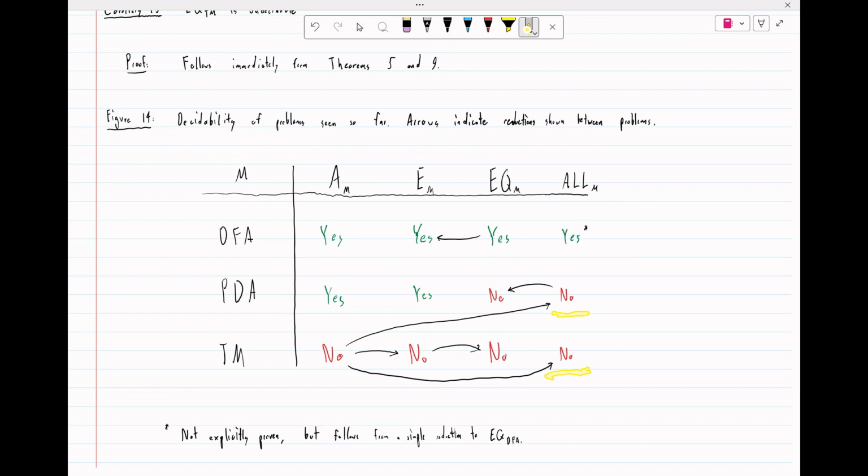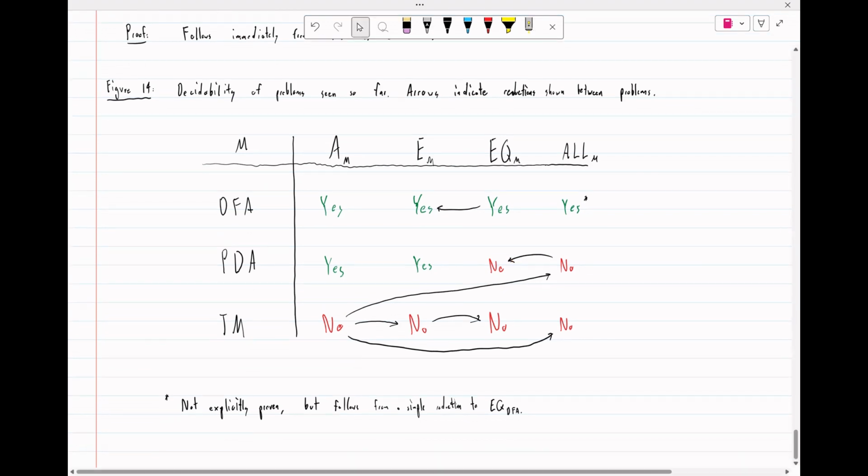It turns out it is decidable for DFAs, and that's a really simple proof that I didn't show here. And that allowed us to give a proof that EQ PDA was undecidable by first giving a reduction from ATM to ALL PDA, and then giving that reduction that we gave at the beginning of class from ALL PDA to EQ PDA.